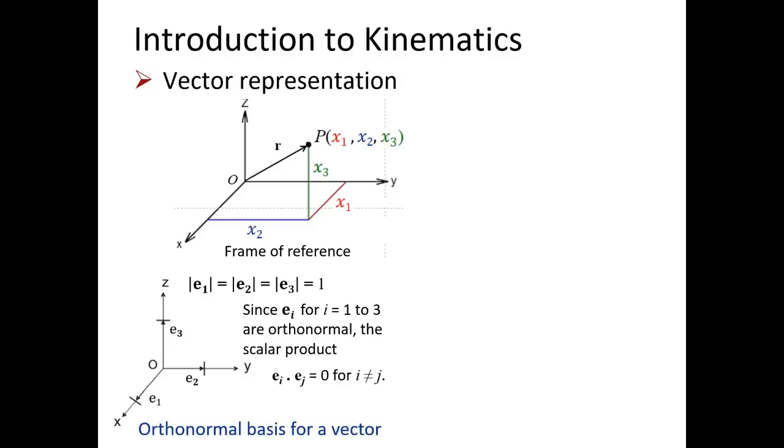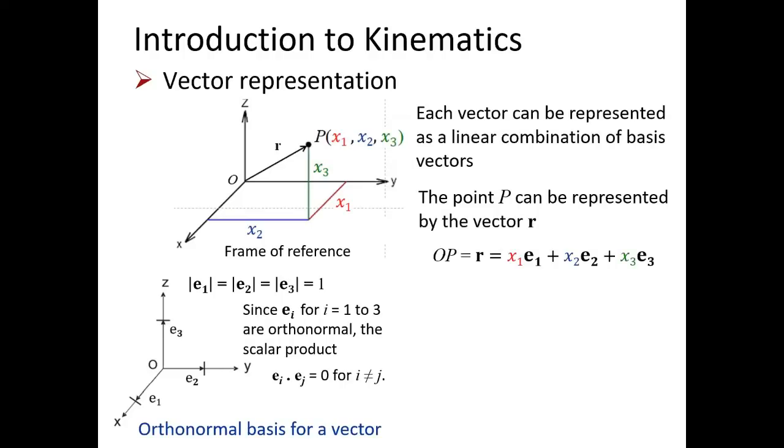So this kind of representation is called an orthonormal basis for a vector. That is the e1, e2, e3 representation, and any point with reference to this representation can be represented by using vector r, and r will have components in the directions of e1, e2, e3.